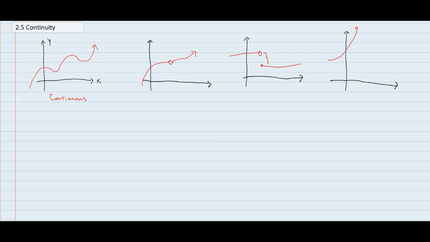So at this point, maybe you have this vertical asymptote at that value, something like this, right? So you definitely do have this infinite gap at this x value right there. So these three would be some examples of functions that are not continuous.